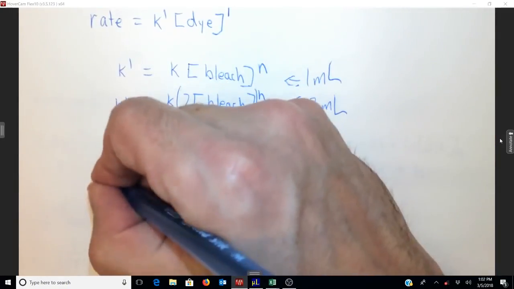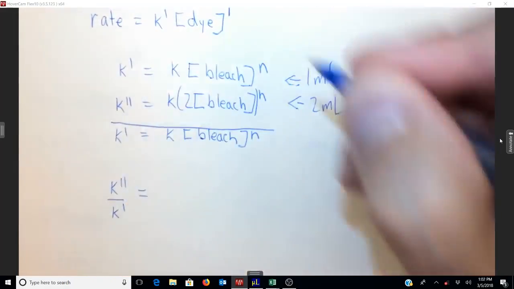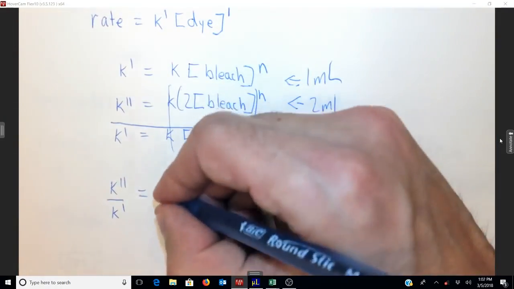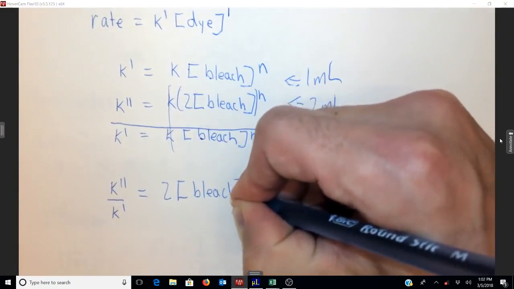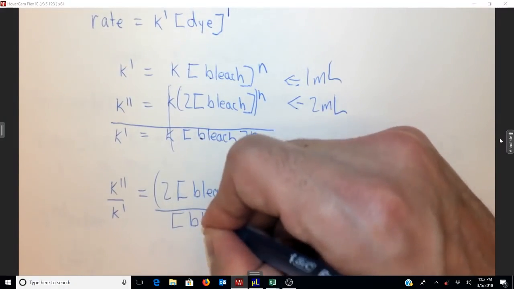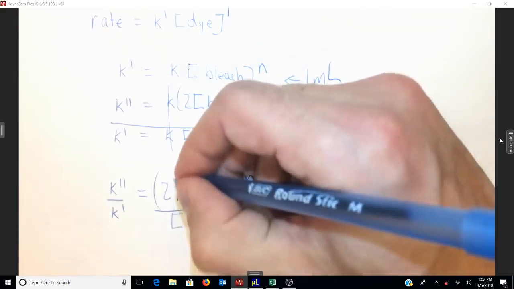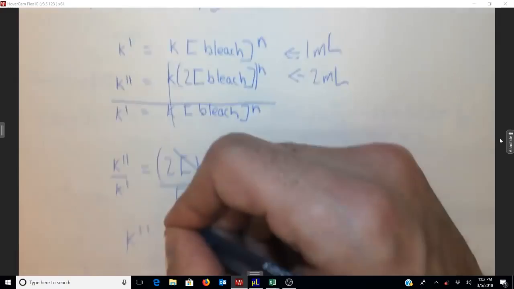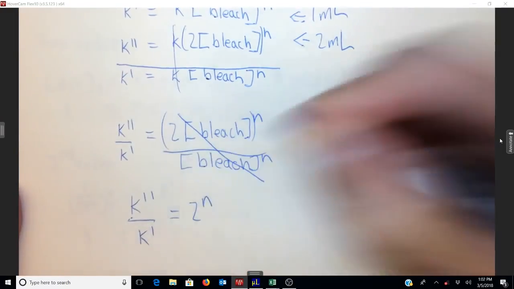This side becomes K prime prime over K prime equals, K's cancel, and what we end up with is 2 concentration of bleach to the n over concentration of bleach to the n, and the concentration of bleach comes out, and what we get is K prime prime over K prime equals 2 to the n.